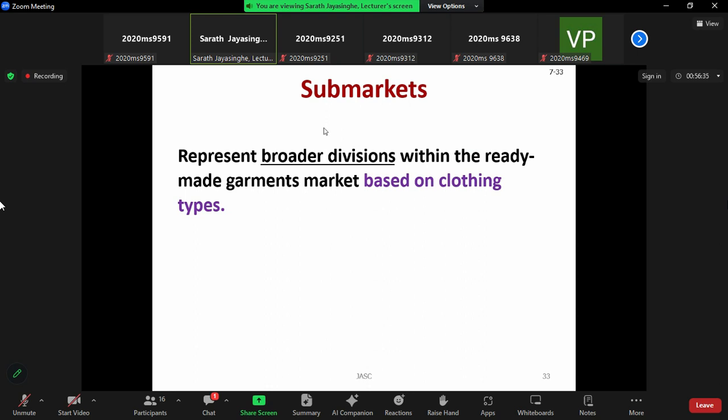Now, when you think about this clothing market, right, garment market, can you suggest some submarkets?